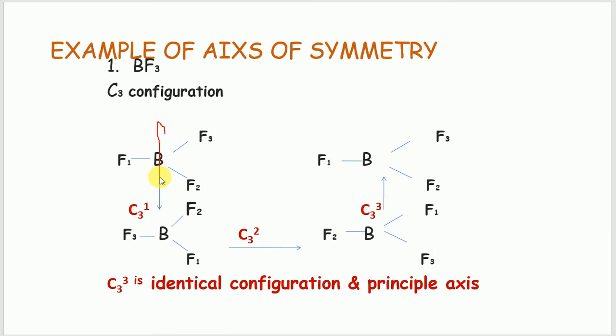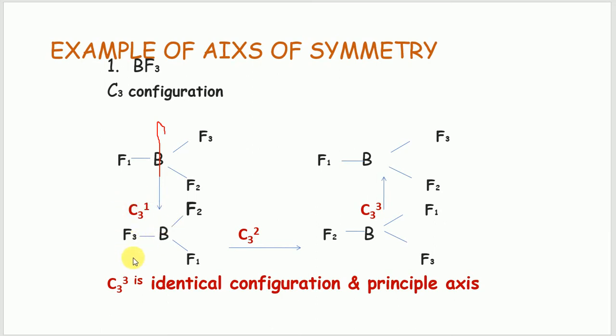This axis is perpendicular to the molecular plane, and if the BF3 molecule is rotated by an angle of 120 degrees, then what happens? This F1 will come to F2, this F2 will come to F3, and F3 will come to F1.